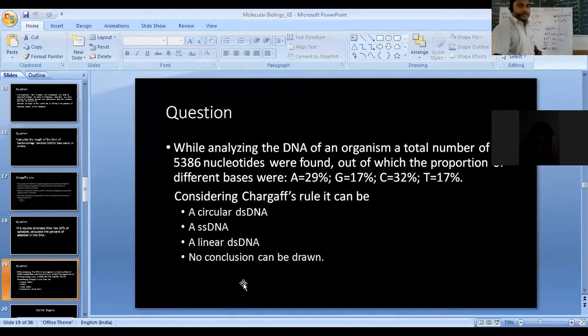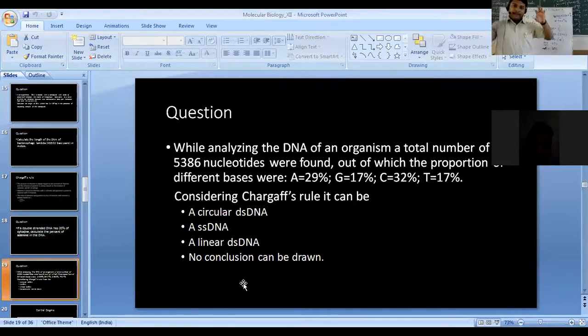Here is the question. While analyzing the DNA of an organism, a total of 5,386 nucleotides were found, out of which the proportions of different bases were: adenine 29%, guanine 17%, cytosine 32%, and thymine 17%.